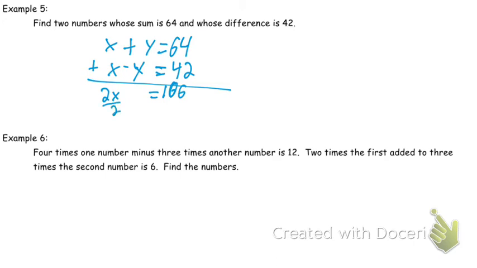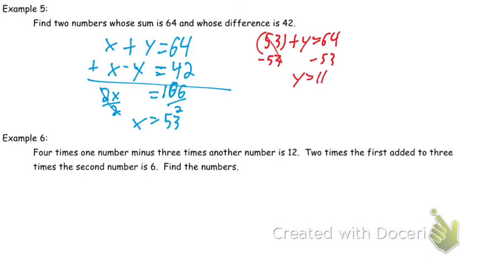So we divide by 2, and x is 53. And that's our answer for our first number. We plug it in either equation. Top. 53 plus y equals 64. Subtract 53. Y equals 11. 53 comma 11, we're done.